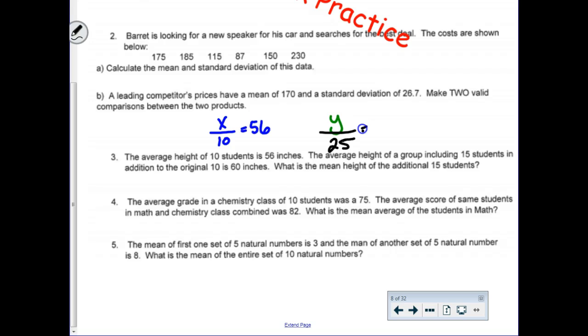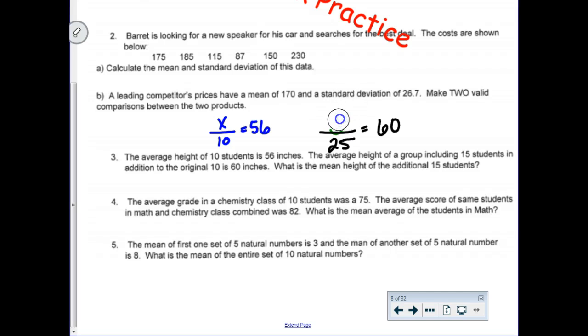The average of all of the students is 60. So write yourself a little note that this represents the total. What would be another way of saying total? What is total in this problem?